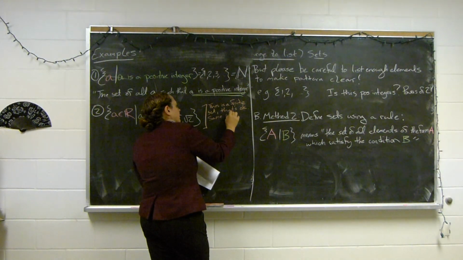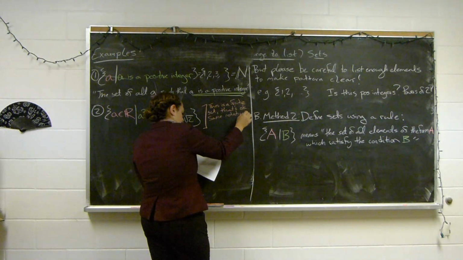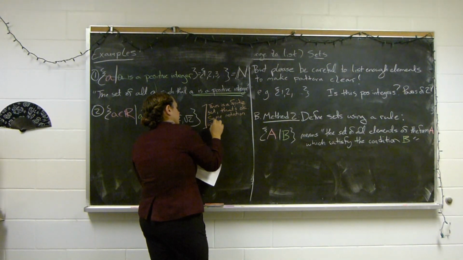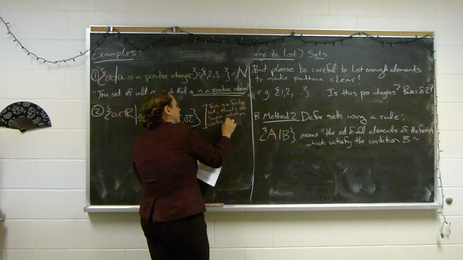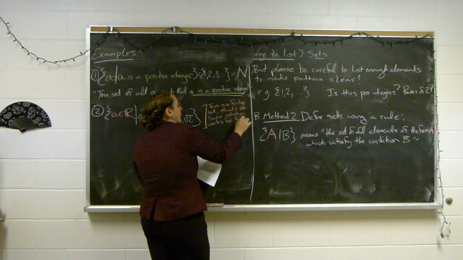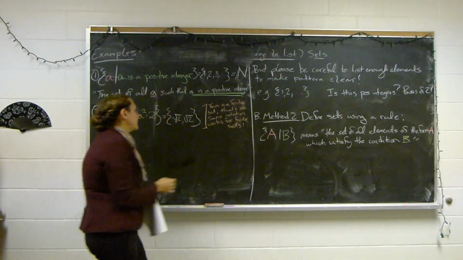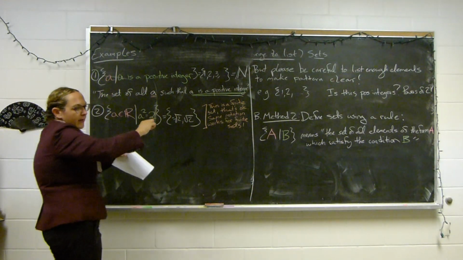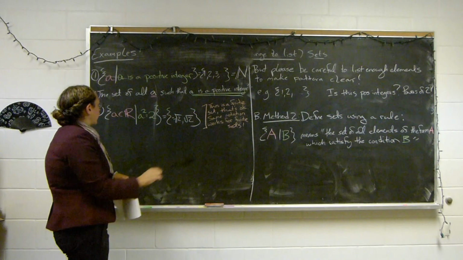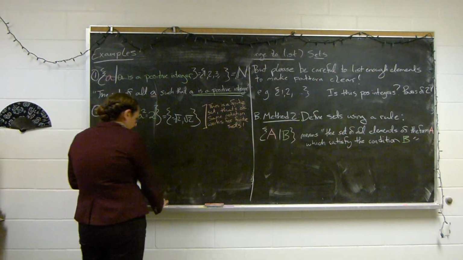Same notation works for finite sets. But you still need to make sure the pattern's clear, and so in a lot of cases you're actually going to have to list everything. But maybe not. Maybe knowing what's on the end sides is enough with a few dots in the middle.